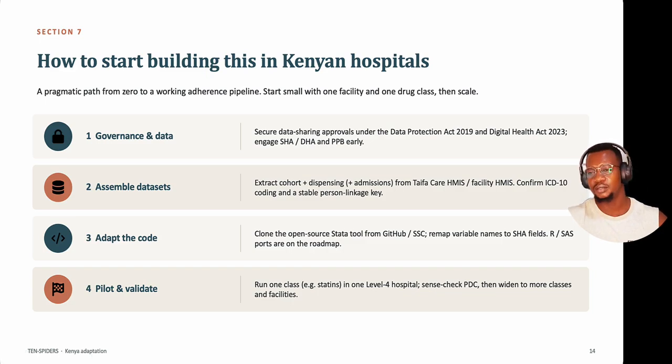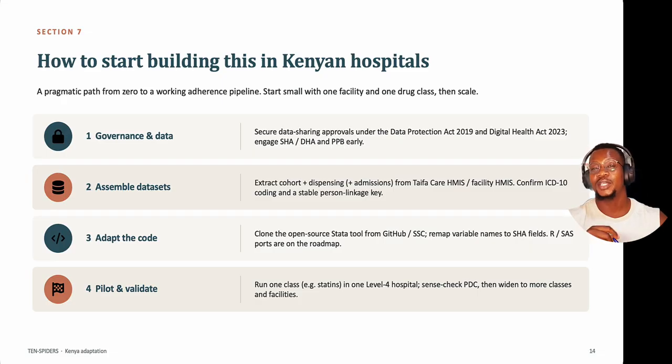So these are a rough pathway of building these in Kenyan hospitals, rather pragmatic. Under governance and data, you have to have at least the approval that you're going to handle this data.